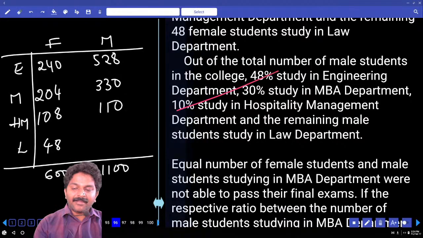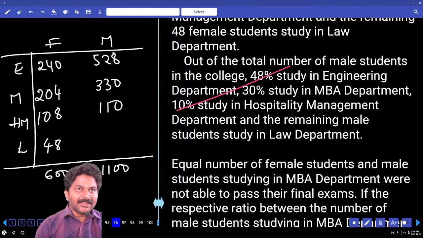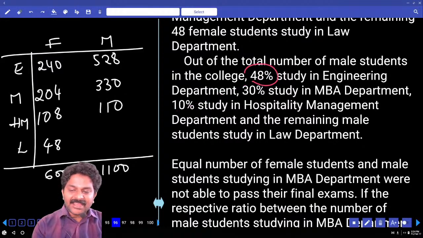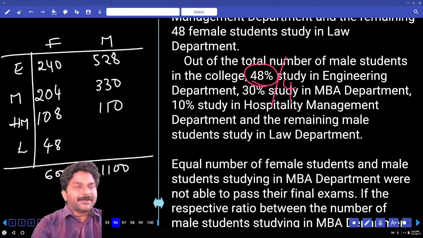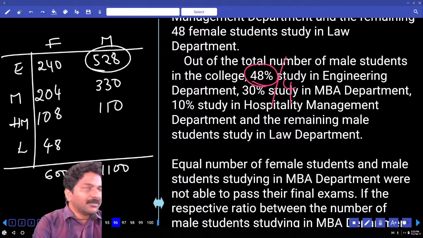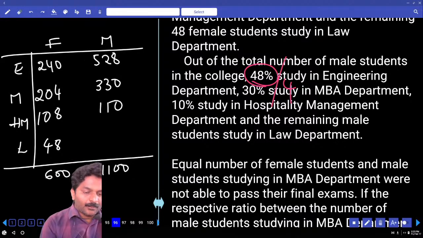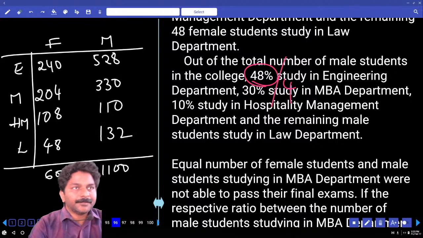So far we have 88%. The remaining is 12%. Can I take 1/4 of 48%? Without calculating 10% again, 1/4 of this number is 132. Okay, 132.